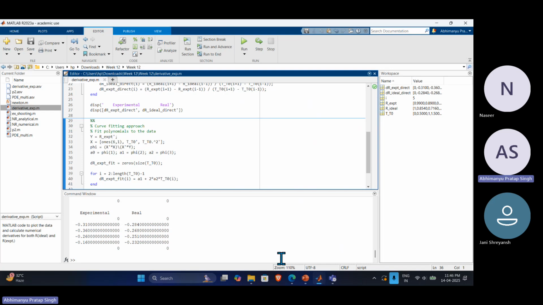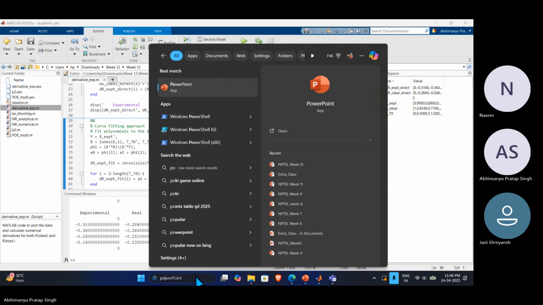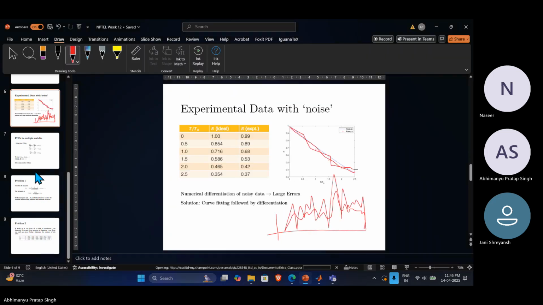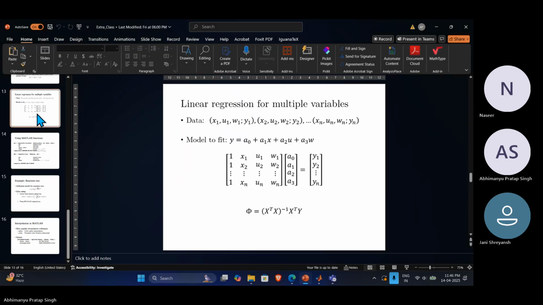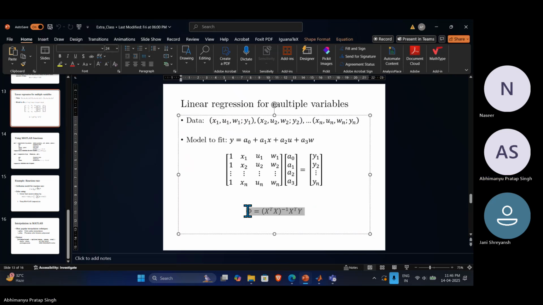So this is our method for the least square fit to a data. For our case, we are trying to fit a second order polynomial.